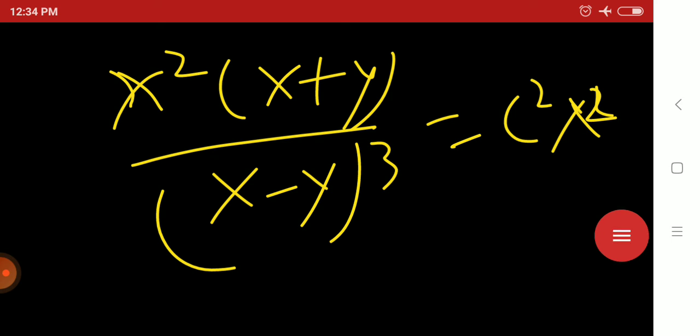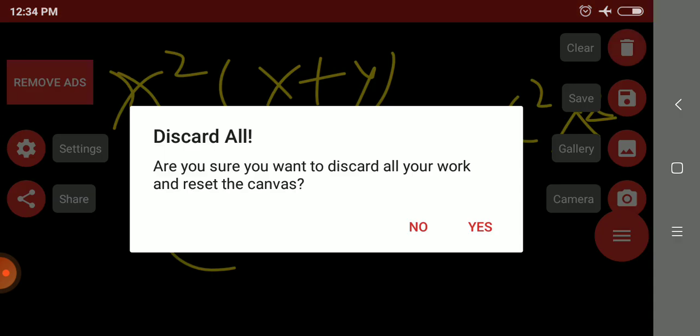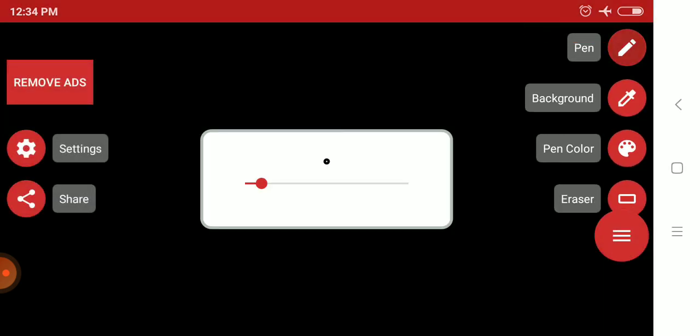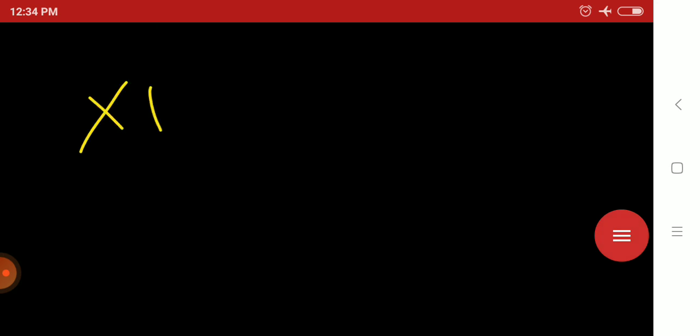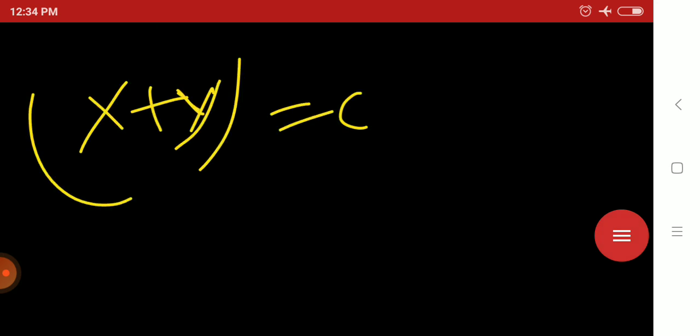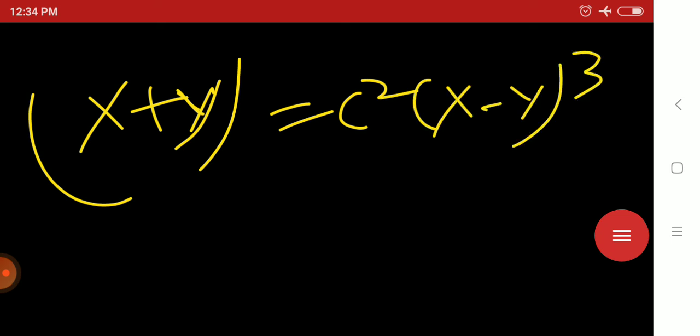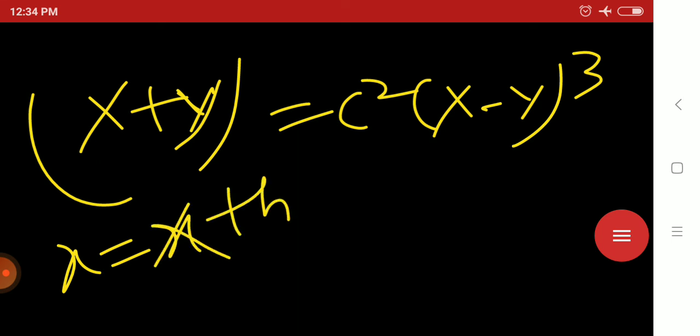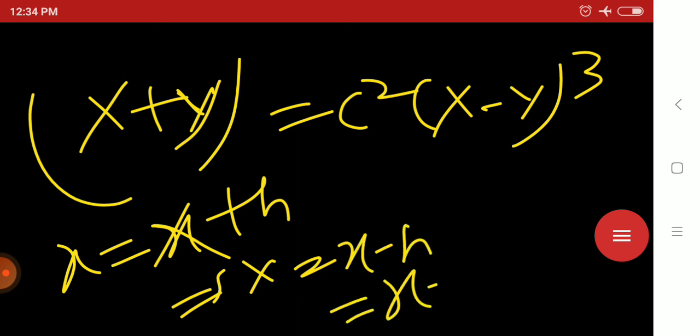So what we can write here: capital X plus capital Y equals c square into capital X minus capital Y whole cube. Now firstly, what we have put was x equals capital X plus h. So capital X equals x minus h, which is x minus 1.